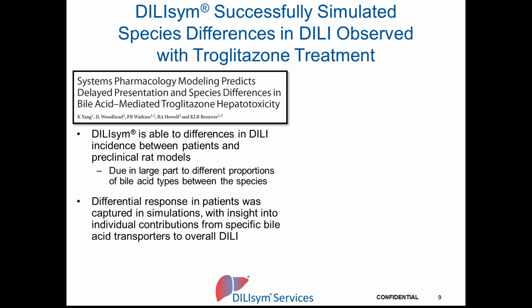Also, within the patients alone, the inter-individual variability, that differential response was captured in the simulations. In addition, the simulations provided some mechanistic insight into the individual contributions from the specific bile acid transporters and how they were inhibited to the overall predicted DILI.